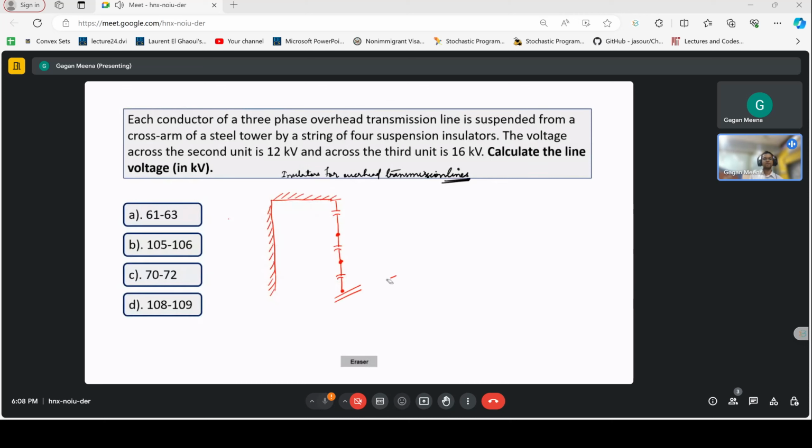Between two insulators there is one capacitance, and also there is a capacitance between pin and earth. This is called pin, and this is earth. So earth to pin also there is a capacitor. If this is C, then this is K times C. This is smaller. K is between 0 and 1.